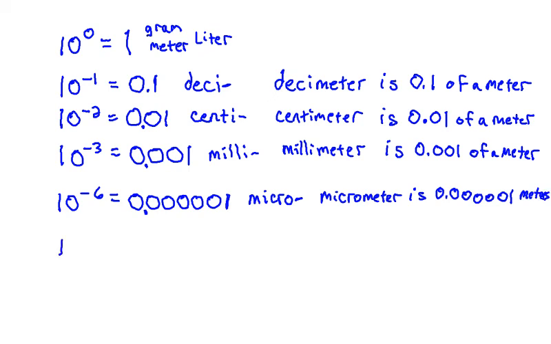Now let's go down to 10 to the negative 9th. So that would be 1, 2, 3, 4, 5, 6, 7, 8, 9 zeros, then the 1. And you want to put that decimal point after that first 0. And that is called a nano.